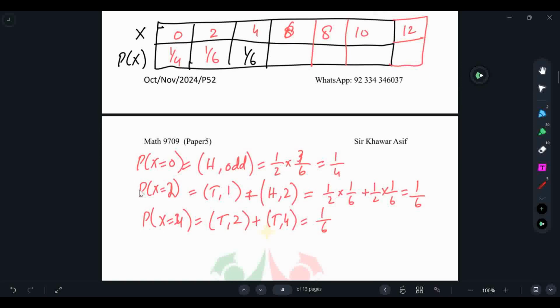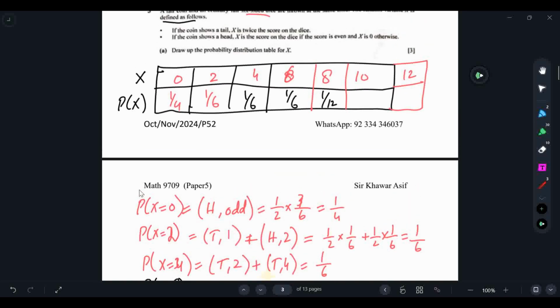Now for 6, the probability of x equal to 6 will be again 1 by 6. Then the probability of x equal to 8 means tail and 4. So the probability of tail is 1 by 2 and the probability of 4 is 1 by 6, so 1 by 12.